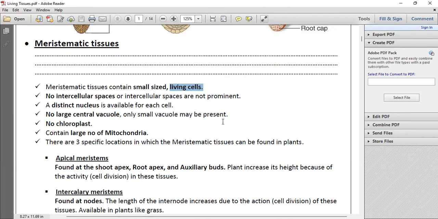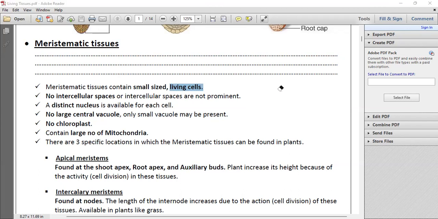What do you mean by intercellular spaces? You should know the structure of a plant cell. If you remember, a plant cell has this hexagonal shape.